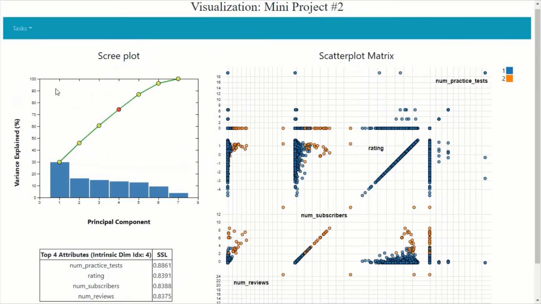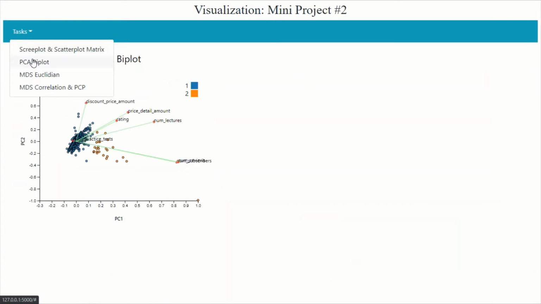So for that I have plotted this PCA biplot, which plots two things. One is the data points along PCA1 and PCA2, and the other is all the dimensions. The length from the origin of each dimension shows how important that particular dimension is among PC1 and PC2.